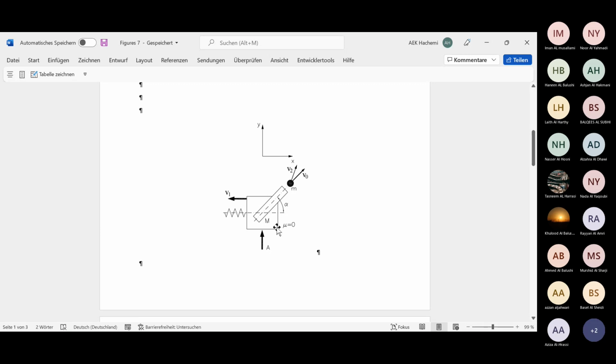There is no friction, mu is equal to 0, and the apparatus will move with the velocity V1. And we take this coordinate system x and y. That means V1 has a component only in x direction, and V2 as well as V0 have components in x as well as in y direction.